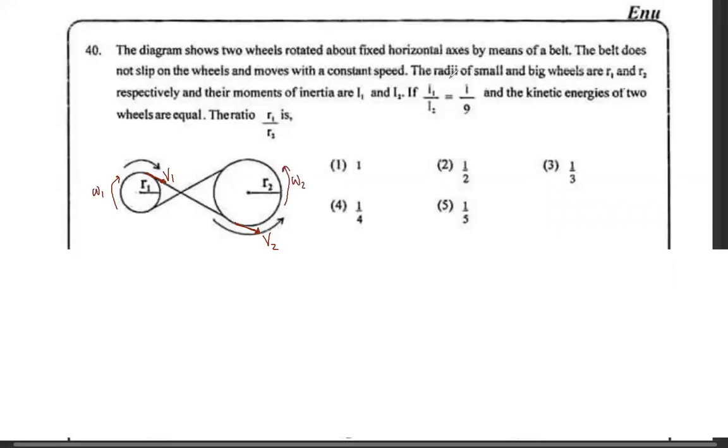Okay, right. And they have given the moments of inertia as well, I1, I2, and kinetic energy of two wheels are equal. This is a very important point. So to start with, when wheels are connected by a belt, V1 is equal to V2.